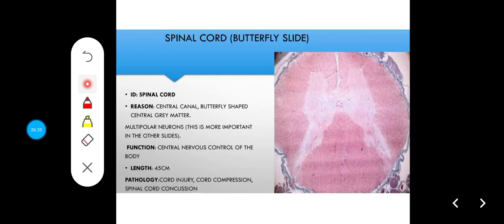So it looks like a horn. The function of the spinal cord is central nervous control of the body. The length is about 45 cm. The pathologies involving the spinal cord include cord injury, cord compression, and spinal cord concussion.